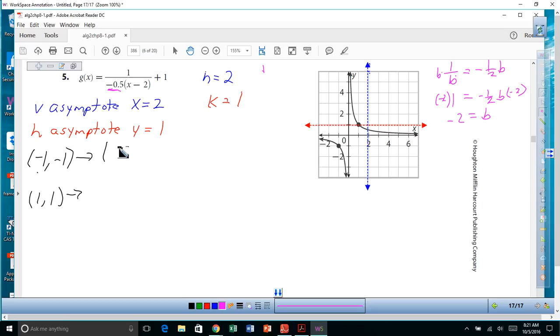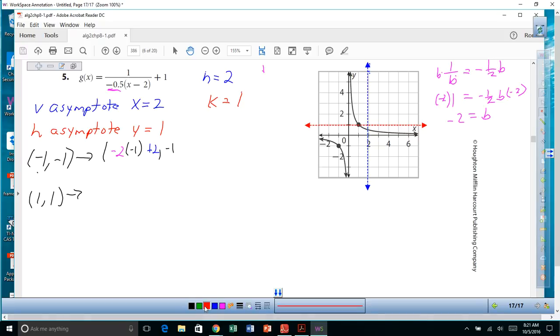So we're going to have -2, okay? And we're going to multiply that by the -1, right? And then we got +2 for that transformation.